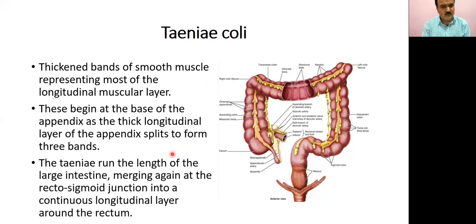The taenia coli run the length of the large intestine, merging again at the rectosigmoid junction. So after the start, the longitudinal layer is in the form of 3 bands. When it reaches the rectosigmoid junction, it again forms a full longitudinal layer covering the rectum.